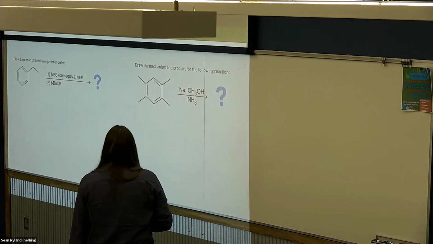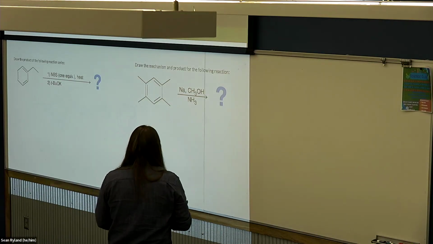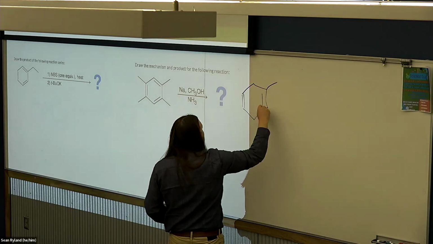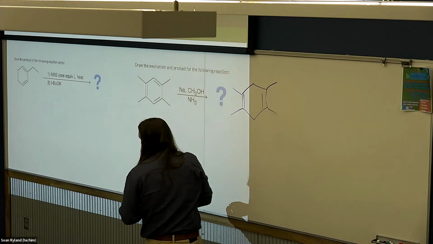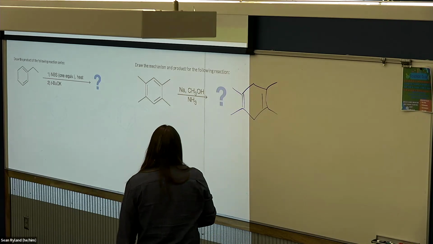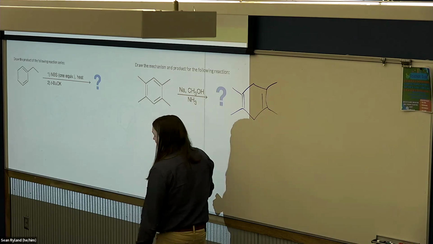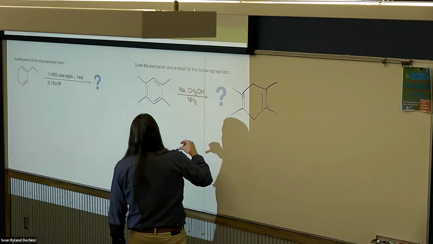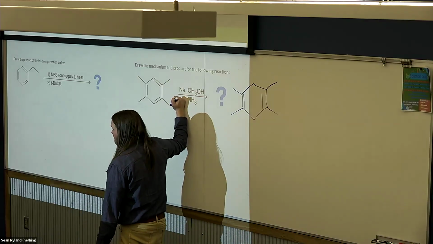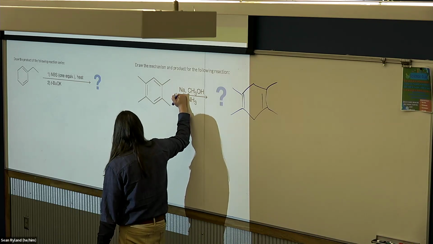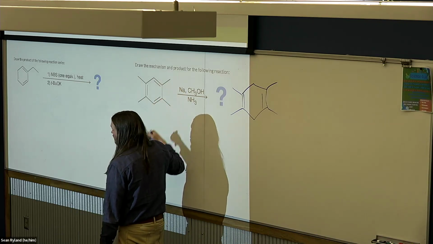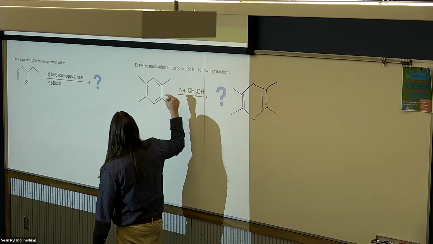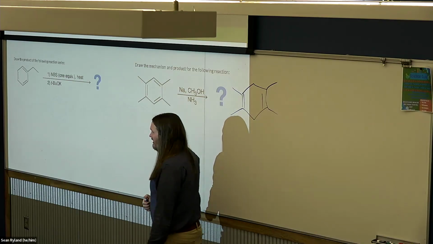Good. The methyl groups are electron donating. And this is a reduction, which means we're adding electrons to carbons. We're not going to add electrons to a carbon that has an electron donating group attached to it, because there's already extra electron density there. So forcing more electrons onto it is not favorable.